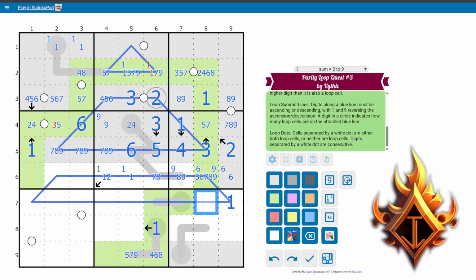Although I guess we could go up there. I did not think of that. Maybe that was the correct answer. Probably. Or else.